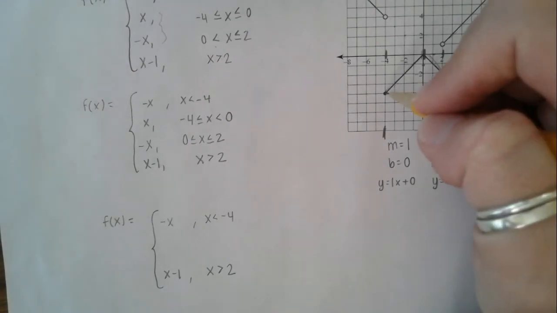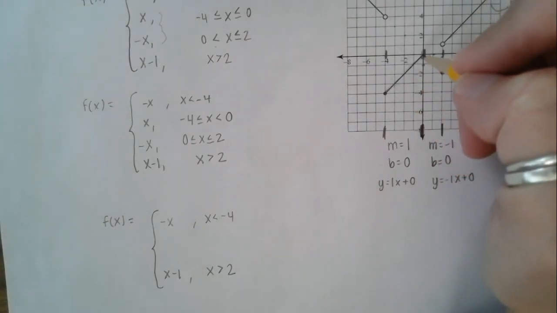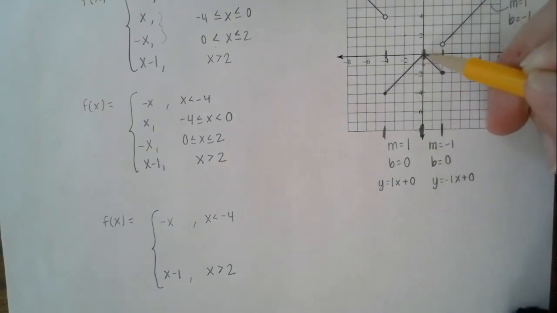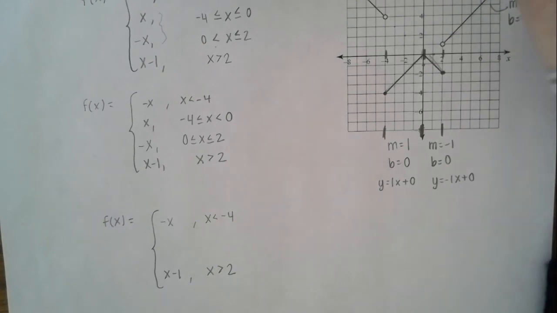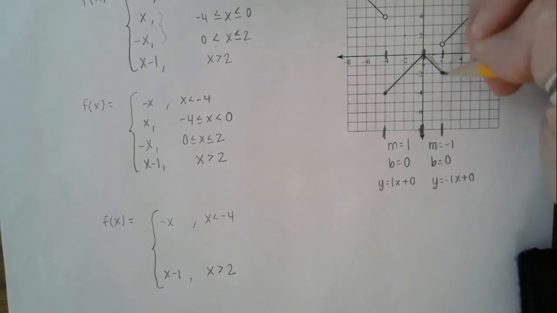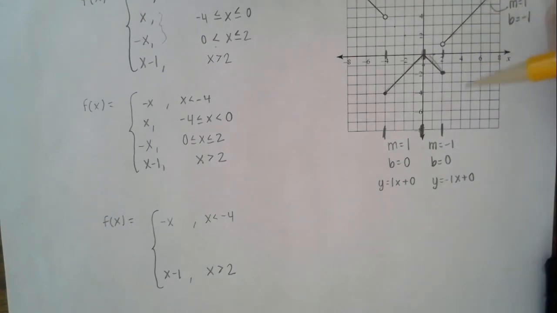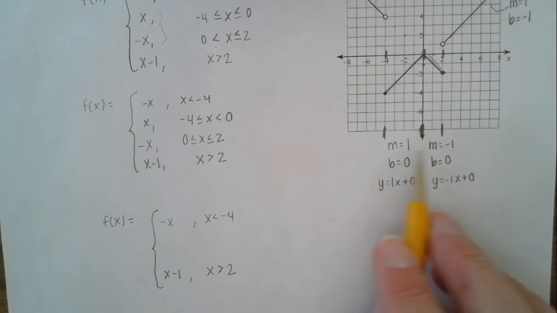But what we could do is say that this is an absolute value graph that's been reflected. And the reason for that is because we have this upside down V shape. And we know that the relationship between the slope of the right branch and the slope of the left branch is that one of them is going to be the positive value and one of them is going to be the negative value. So if we take a look, we're seeing that relationship here.